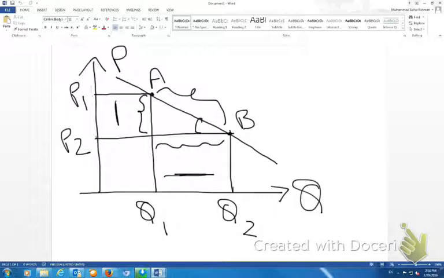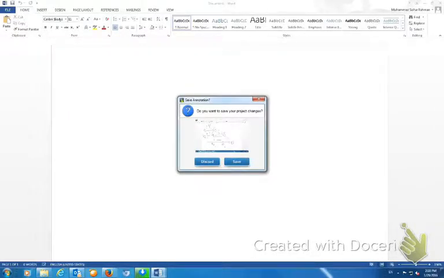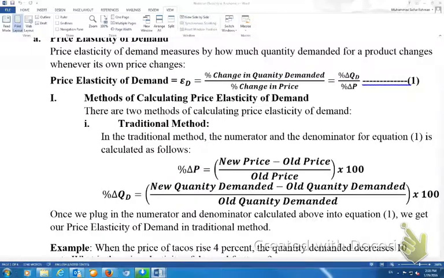Now when we go back to the definition one more time of how to calculate price elasticity using the traditional method, you would realize that the new price and the old price could be ambiguous. It could be the same thing. As a result, the way to calculate percentage change in price and percentage change in quantity demanded could be arbitrary.